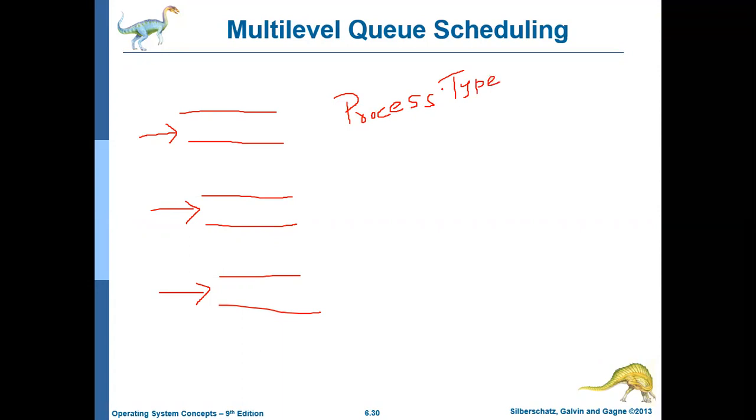Broadly, processes can be categorized into two types: the first one is interactive process, and the next one is batch process.